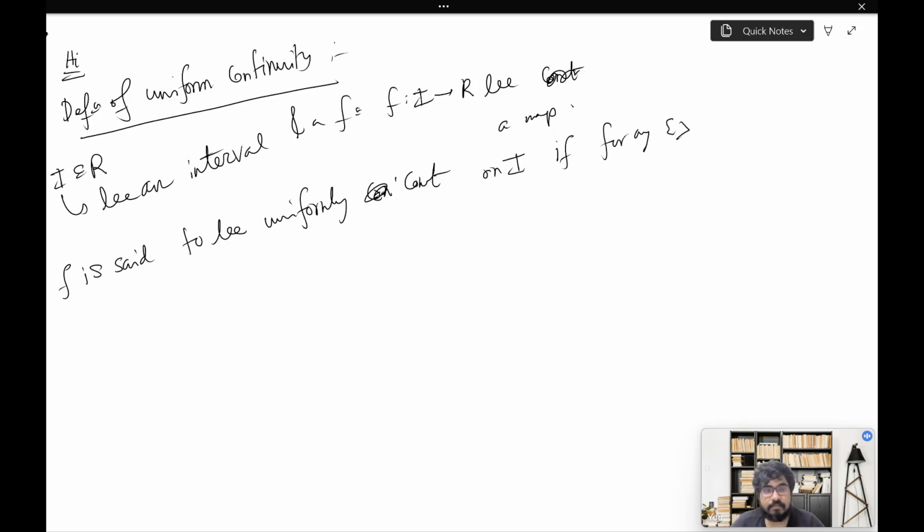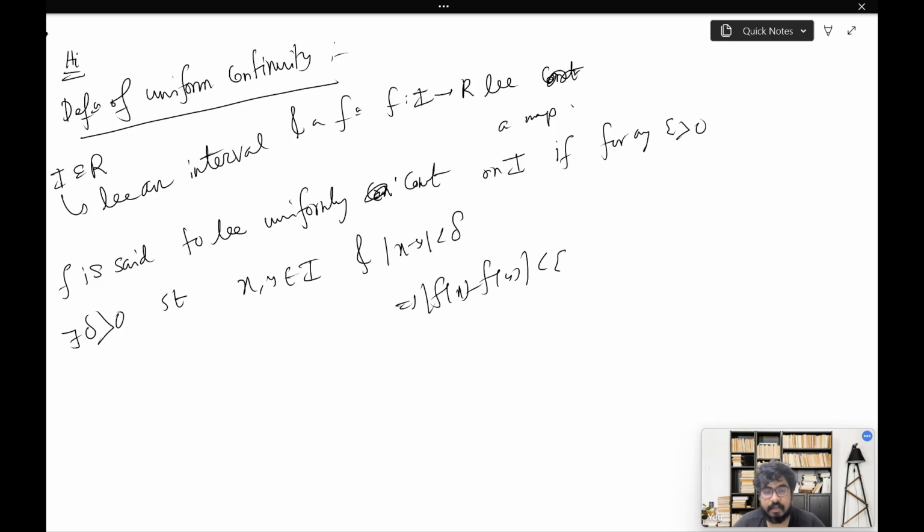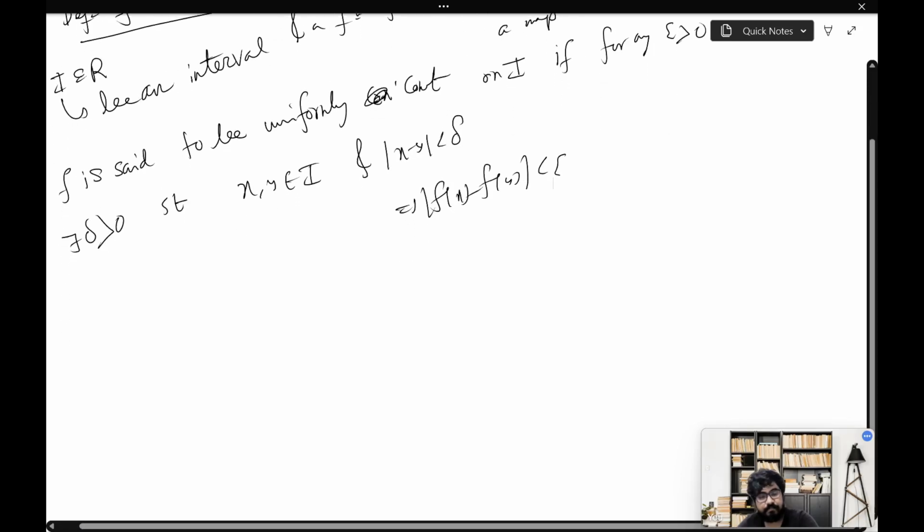for any epsilon greater than 0 we can find a positive delta such that for any x, y in I with mod x minus y less than delta implies mod f(x) minus f(y) less than epsilon. If this property holds, then we say that the function is uniformly continuous. So graphically, what does it mean?